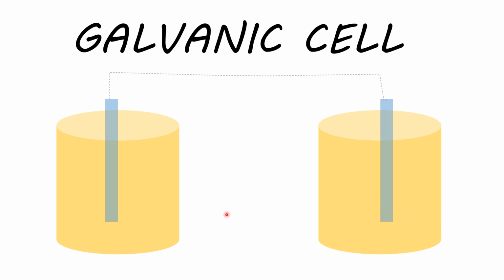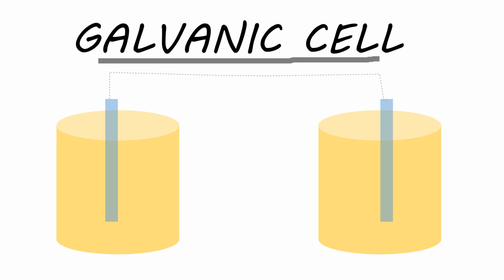But here, one thing to be noted is that I said this galvanic cell offers a spontaneous reaction. Whenever there is oxidation, that side is being used as the anode.